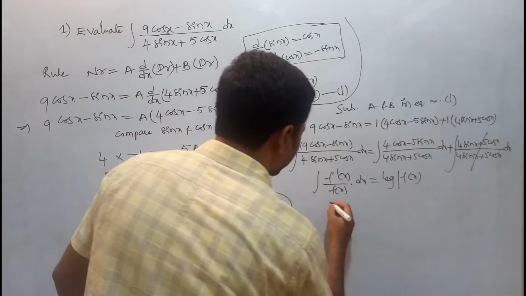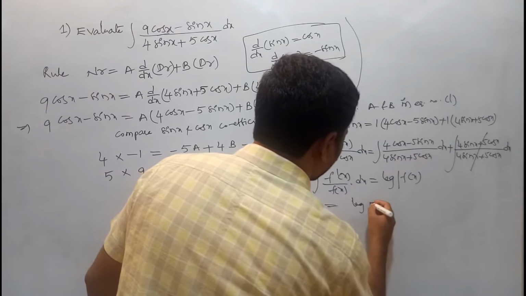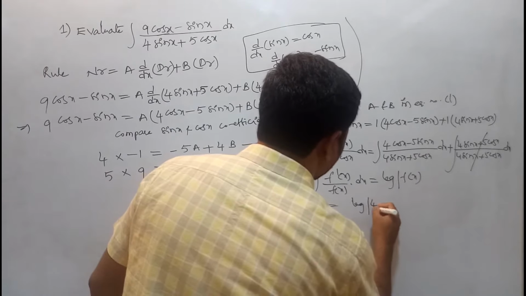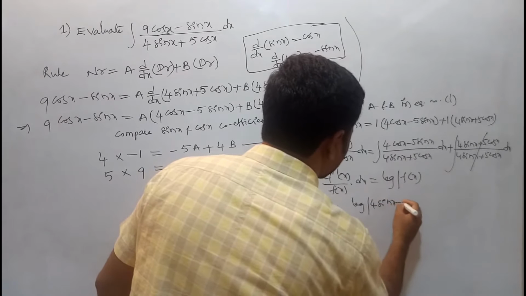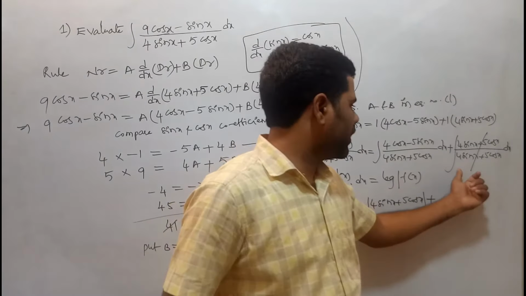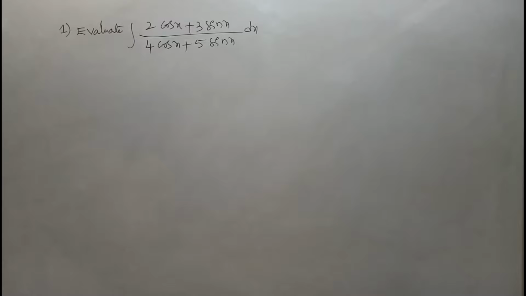So we get log mod (4 sin x plus 5 cos x) plus integral 1 into dx is equal to x plus c.